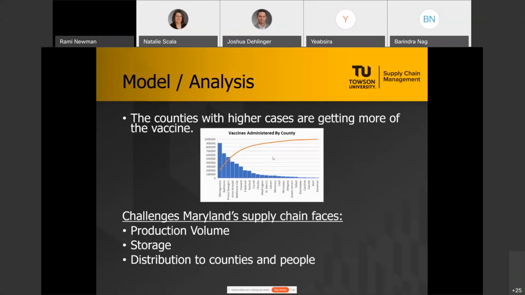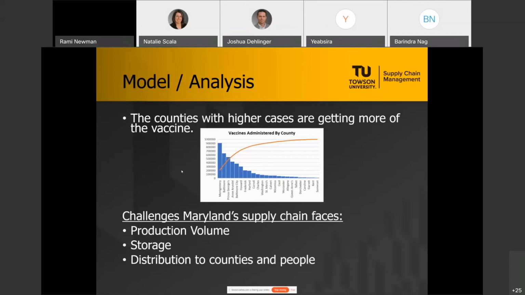For the third question, that's a yes, the counties with higher cases are getting more of the vaccine, as you can see in this Pareto chart. Montgomery, Baltimore, Prince George's, Anne Arundel, and Baltimore City, the top 5 case counties, also got the most vaccines. So it's good we're getting the vaccines out to the most highly affected counties.